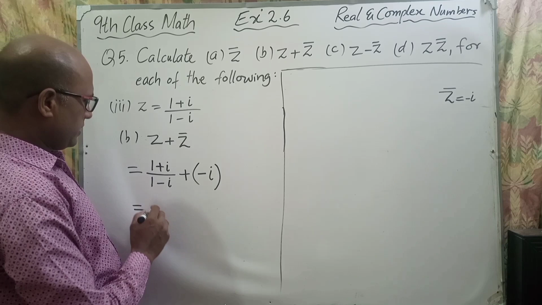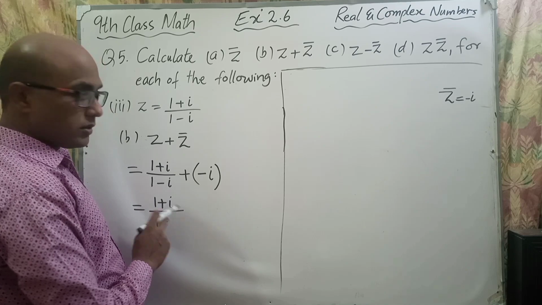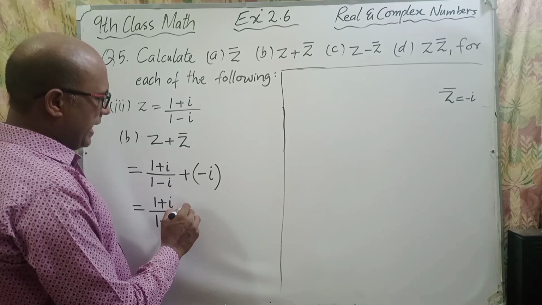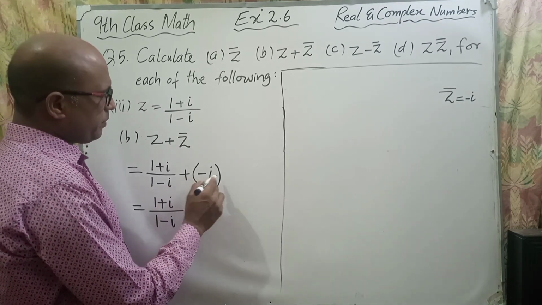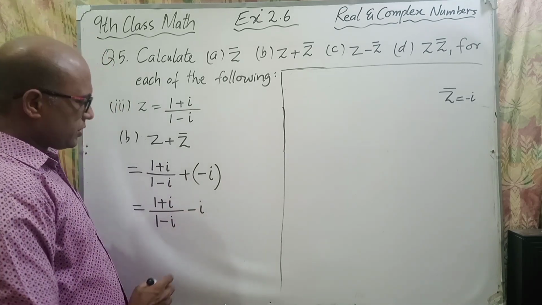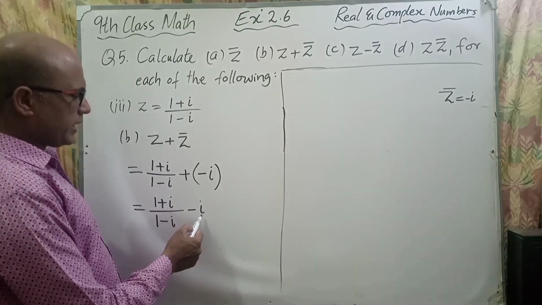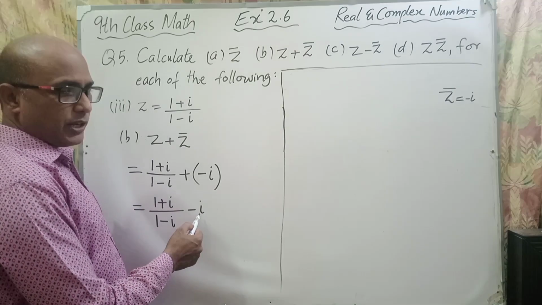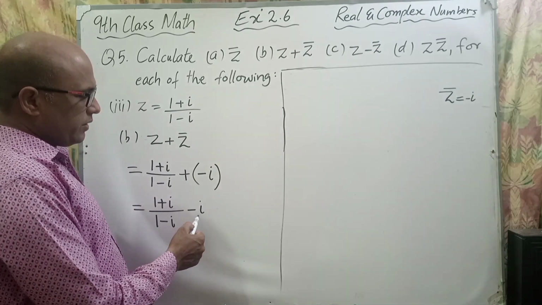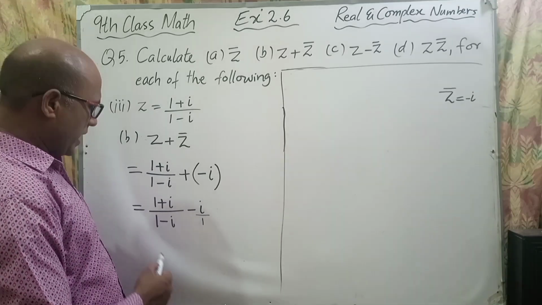So students, now we'll start solving. 1 plus iota over 1 minus iota will be written as it is, and opening the bracket we will get plus minus minus iota. So these are two fractions. There is no denominator under iota, but we know that if there is no denominator written, we must be clear that it has a denominator which is 1.